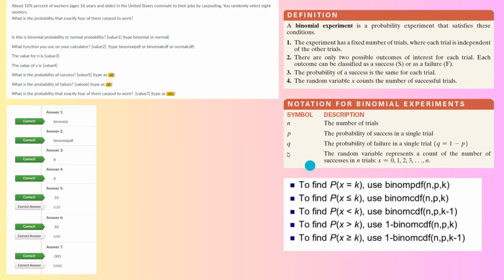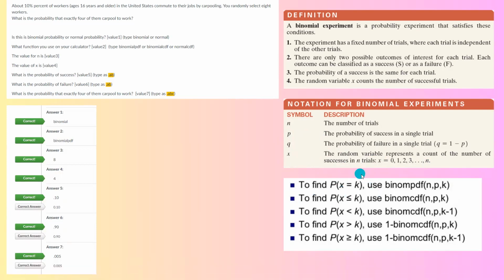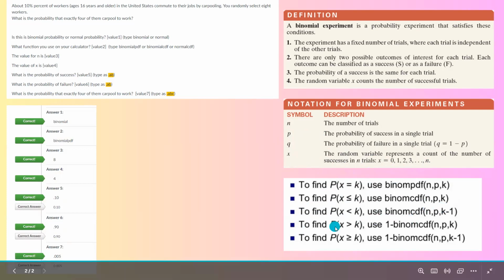This is the notation for a binomial experiment: n is the total number of trials, p is the probability of success, q is the probability of failure, and x is the random variable that counts the number of successes. Then to use your calculator, if it says the probability of exactly k, use binomial PDF. If the keyword is less than or equal to k, you use binomial CDF, following the order.